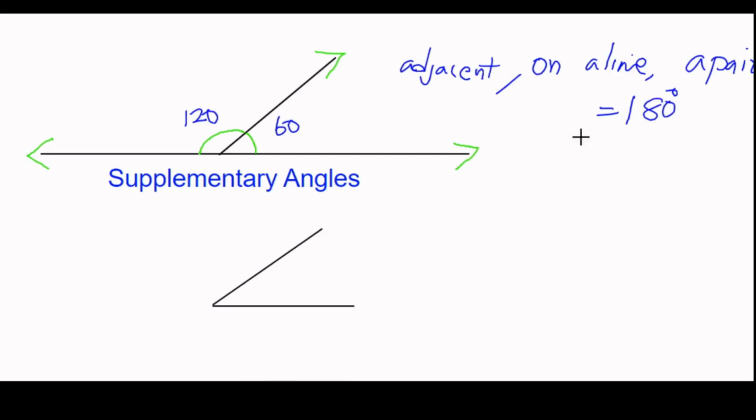Here also there is no such rule that supplementary angles must be on a line. It can be separate angles, a pair of angles whose sum total is equal to 180 degrees can be named supplementary angles.